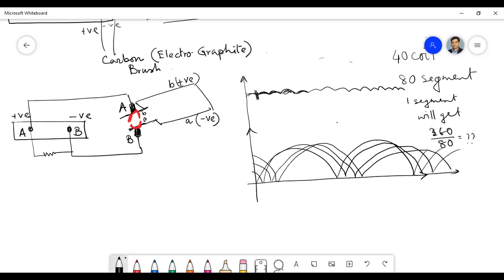Though there is some ripple, the average value will always be EA, which is ZAP phi N by A. Is that clear? Yes, sir.